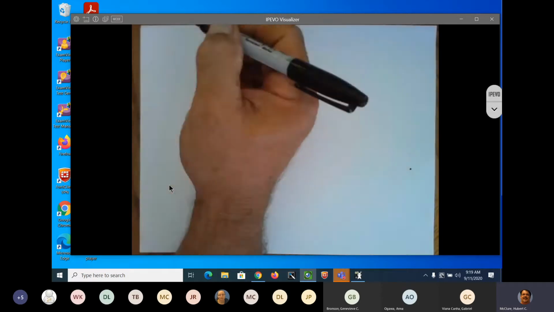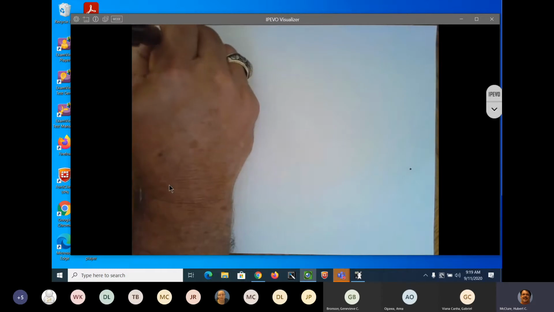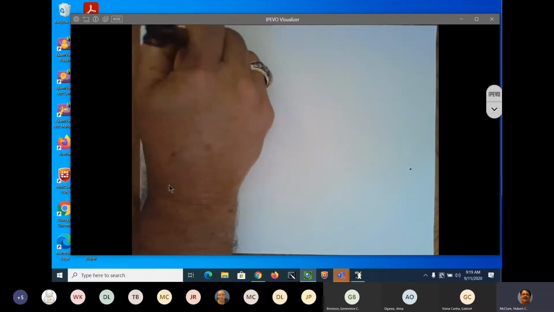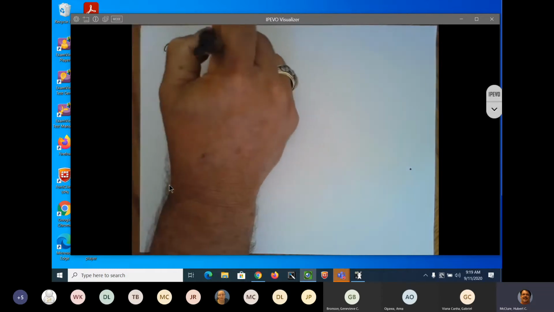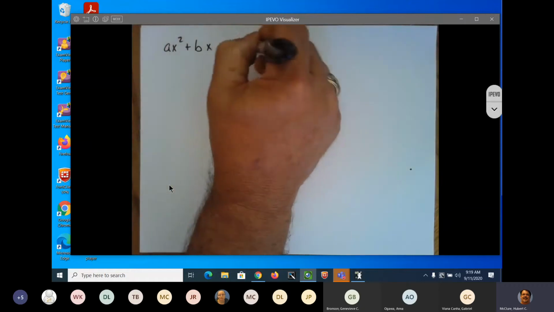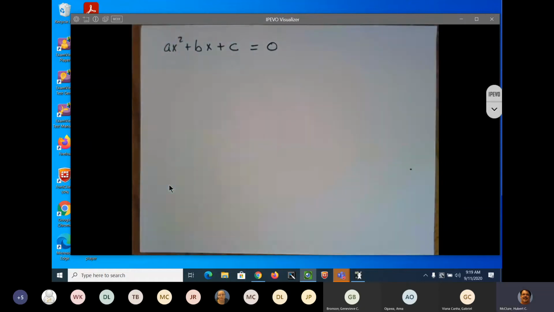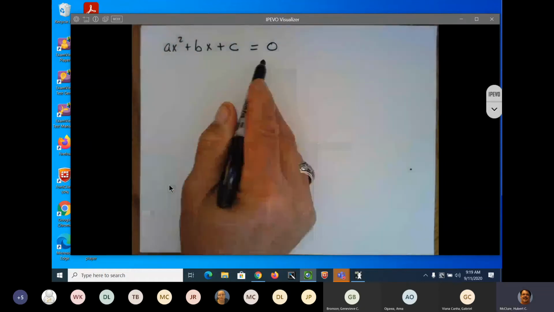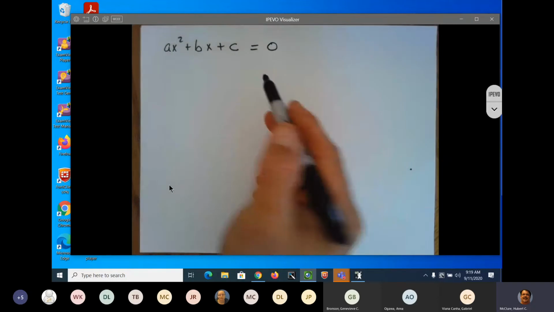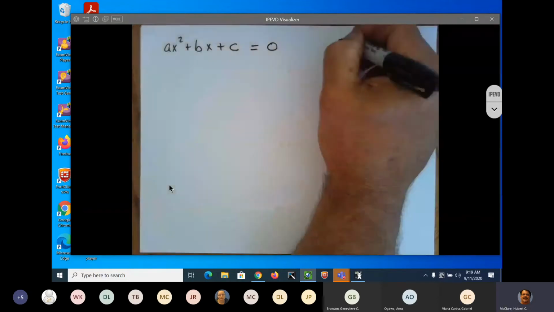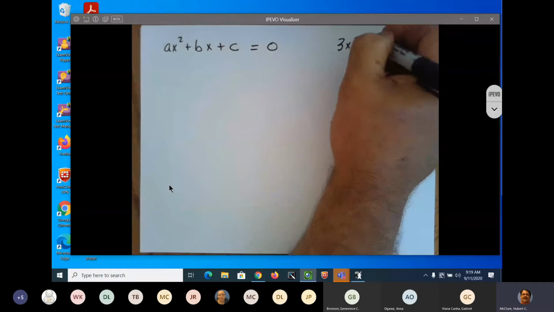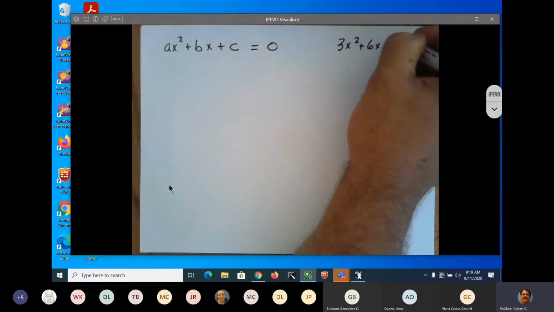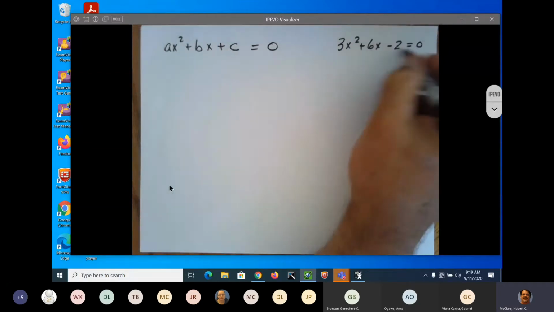So the basic form of a quadratic equation is ax squared plus bx plus c is equal to 0. Now that's the basic quadratic form. Okay, an example, 3x squared plus 6x minus 2 is equal to 0. That's the basic form.